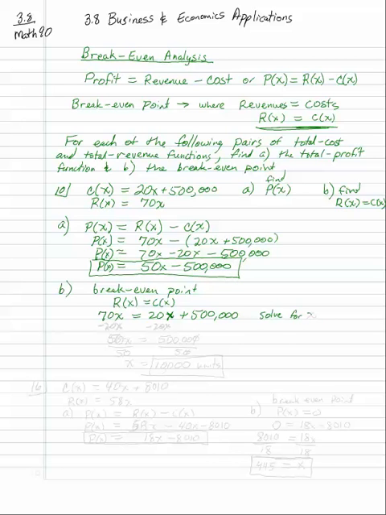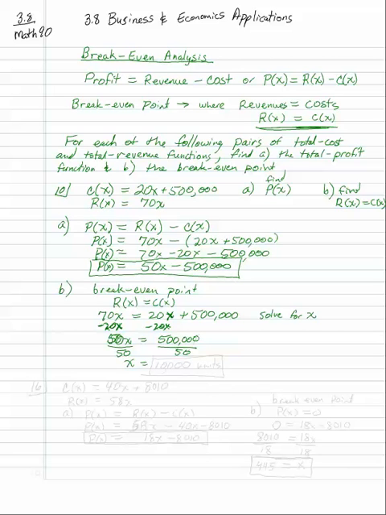So just subtract 20x from both sides. So that's 50x equals 500,000. Divide both sides by 50.